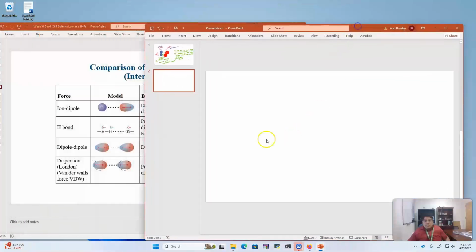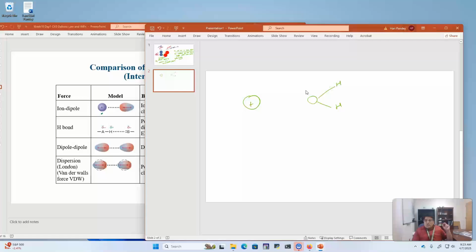So ion-dipole: one is the ion, the other is the dipole. The ion is positive. Dipole means it has two poles. For example, water: oxygen, hydrogen, hydrogen.